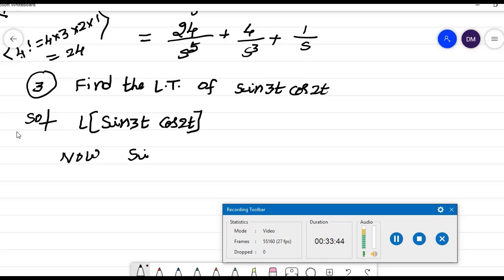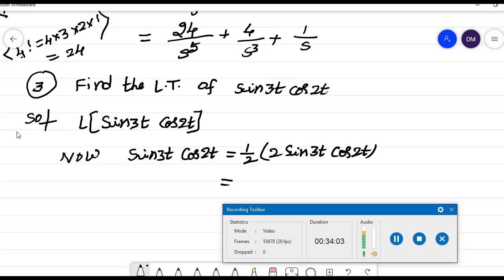So see here, sin 3t into cos 2t. I am writing this as multiplied and divided by 2. Then we get 1 by 2 into 2 sin 3t cos 2t.